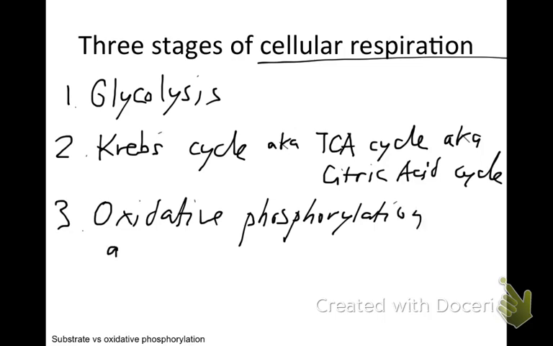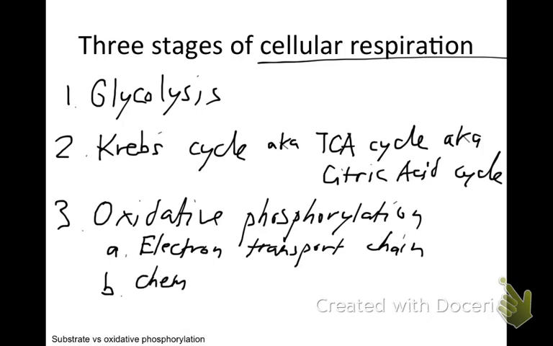which can actually be broken down into two additional substeps, and that is the electron transport chain and the process known as chemiosmosis, although a lot of people endearingly refer to it simply as ATP synthase, the main enzyme in charge of this process.